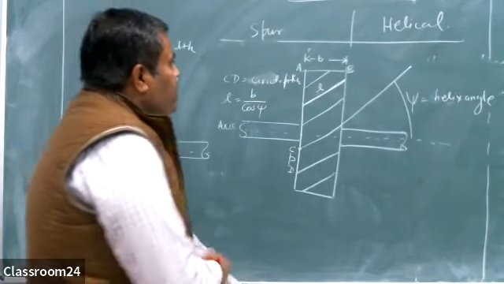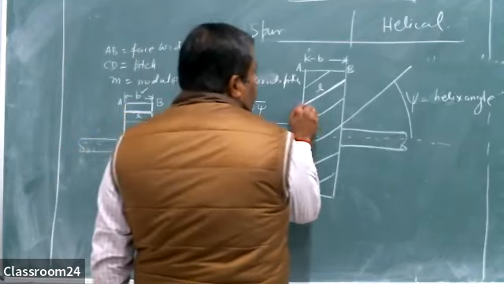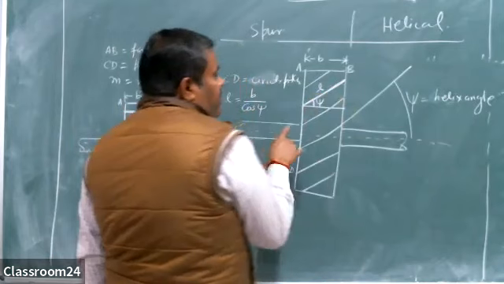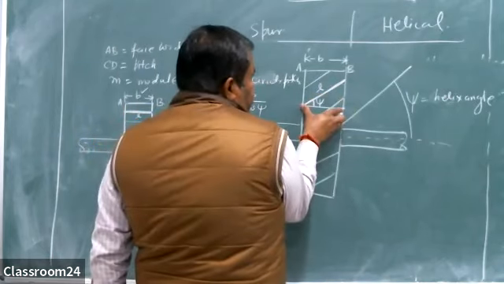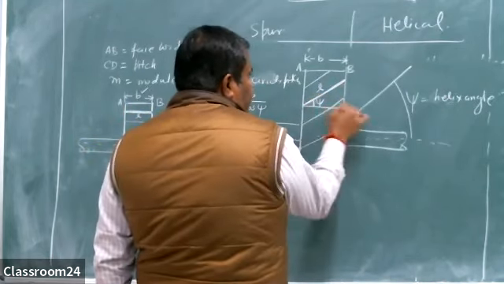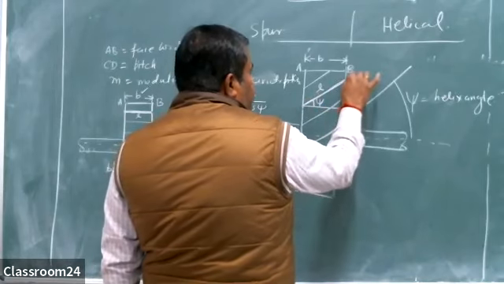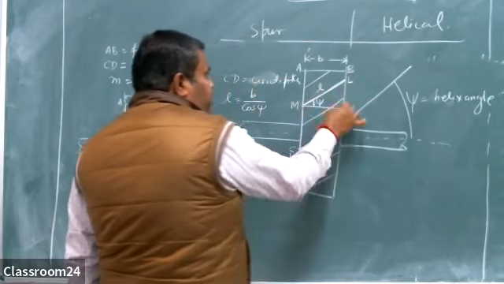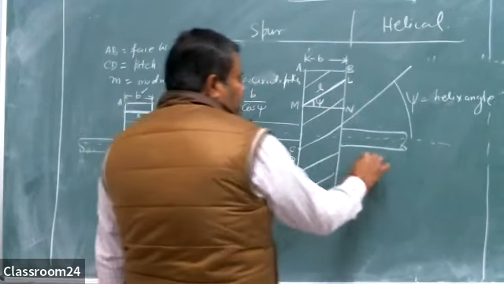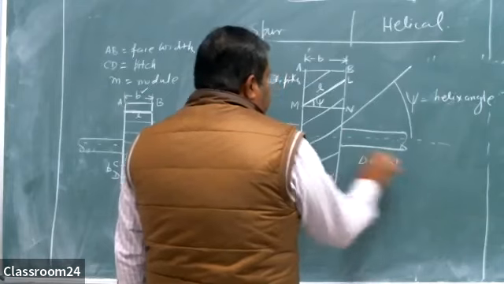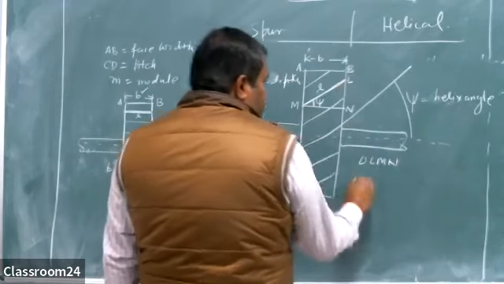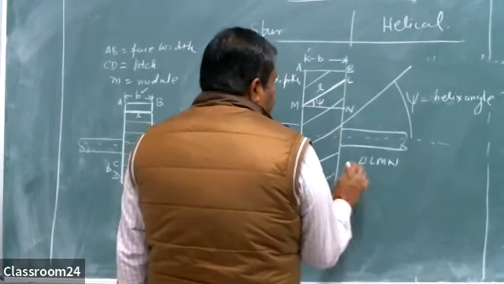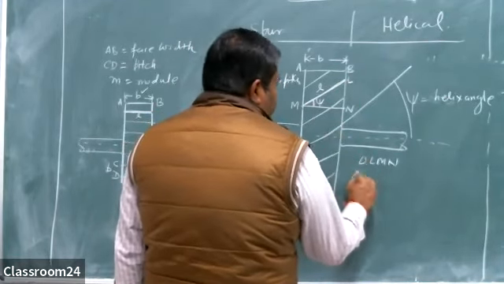How does this happen? Because it will make a triangle over here. This angle is basically psi, and this is the face width b. Let the triangle name be MLN. In this triangle MLN, ML means L, and this is the angle psi.